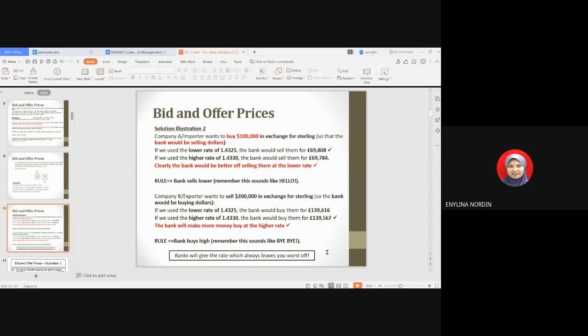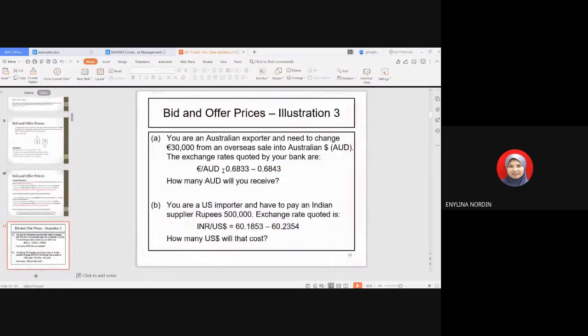So that's why the bank will use the higher rate to buy the dollar currency. So it gives benefit to the bank actually. Hopefully you can get a clear picture from this second example. The next one is another example.